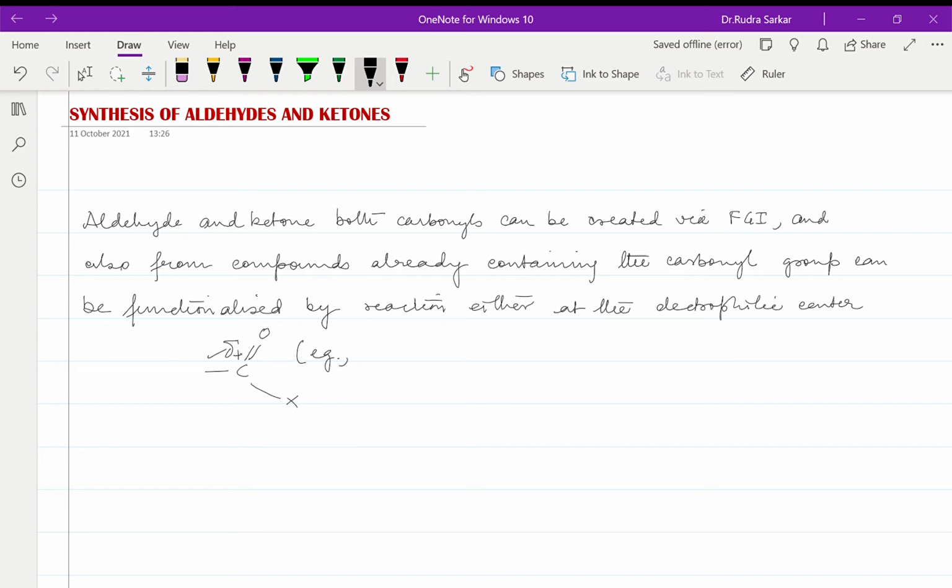For example, the acyl substitution reaction, or at the nucleophilic alpha carbon.